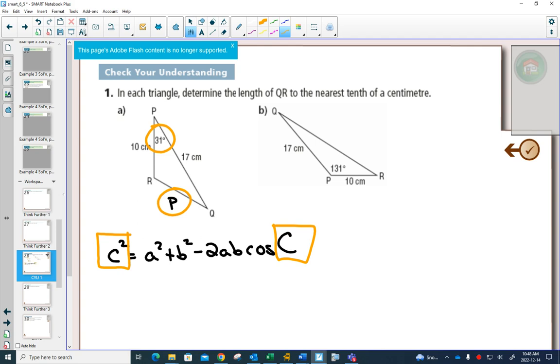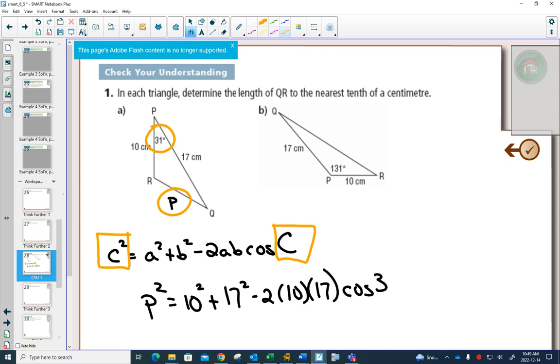So in our situation, as far as writing it out, I'm solving for p, so I would write p squared equals, and it really doesn't matter which one's a and b. So you can do a is 10 and b is 17: 10 squared plus 17 squared, minus 2 times 10 times 17, cos, and then angle C is 31 degrees. Can you see why the 10 and the 17 don't matter?